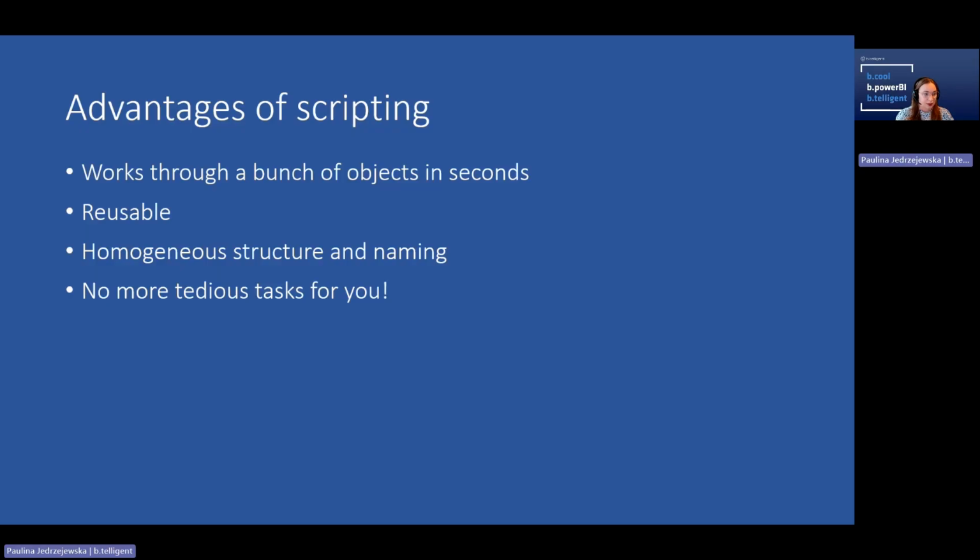You click on the measure, you wait, you change the name or do something with the measure, and you wait again. So it's a lot of waiting. With C#, you are using Tabular Editor, so it's faster first, but it can also walk through a bunch of objects in seconds, and it's done. It's also reusable.